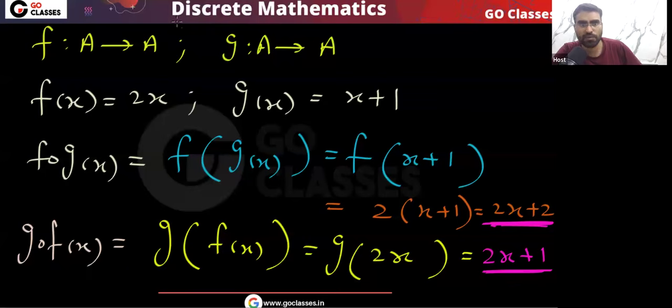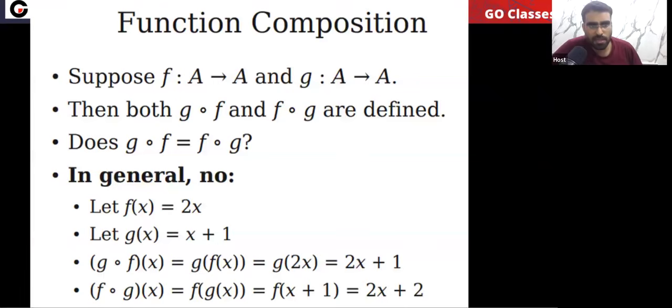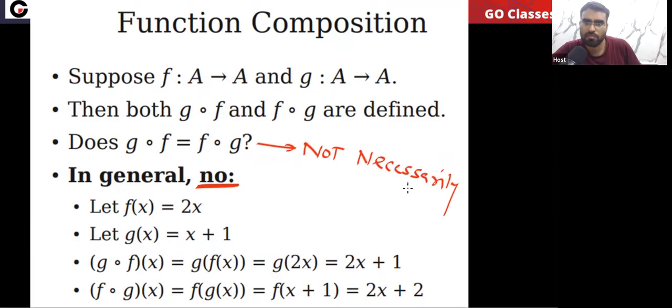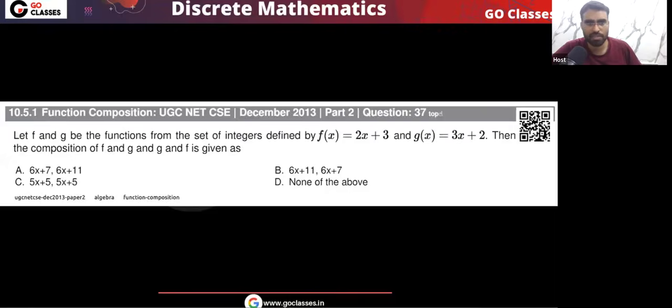So you can notice they are different. Remember, gof and fog may be the same, may not be the same. Is it necessary they will be the same? The answer is no, not necessarily. Simple. Let's move on.